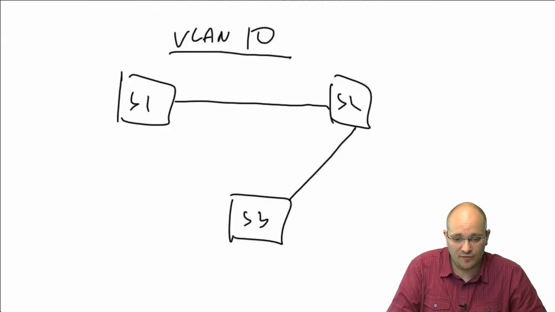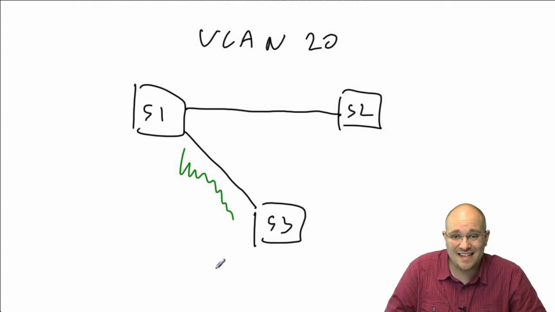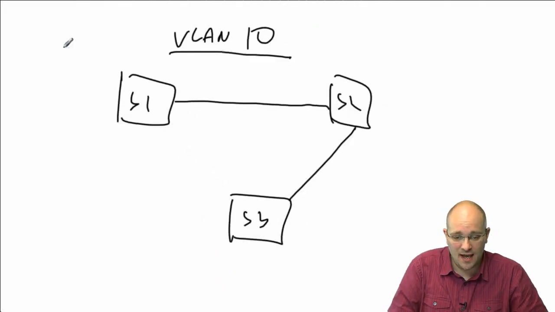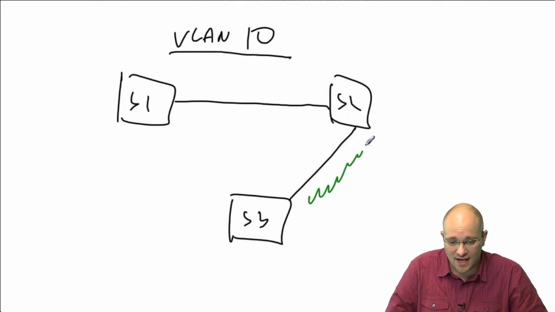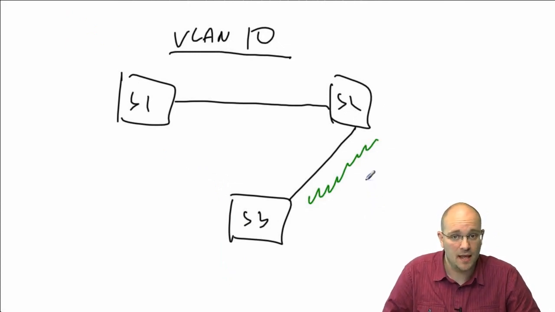So as you can see, for VLAN 10, this is the topology. For VLAN 20, this is the topology. So this link here that was unused for VLAN 10 is now used for VLAN 20. And also, this link here that is unused for VLAN 20 is in use for VLAN 10.